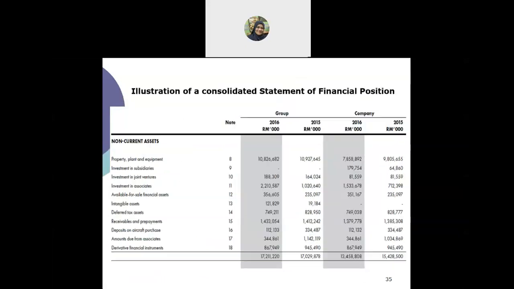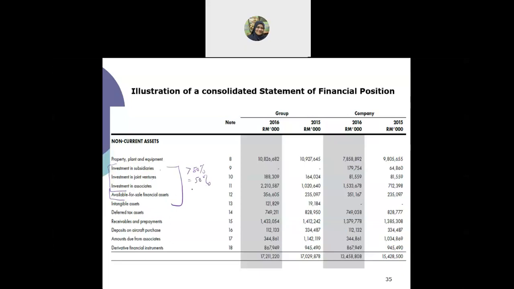And then for the statement of financial position, you need to disclose here for the company all types of interest that you have. So this is the type of interest that we have. You have investment in subsidiary, meaning that you have more than 50% control. Investment in joint venture, maybe 50-50.